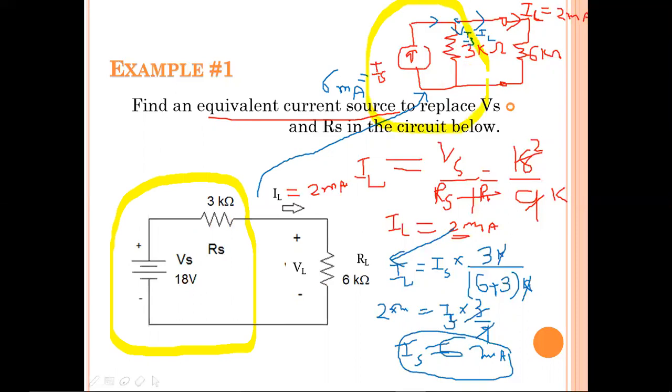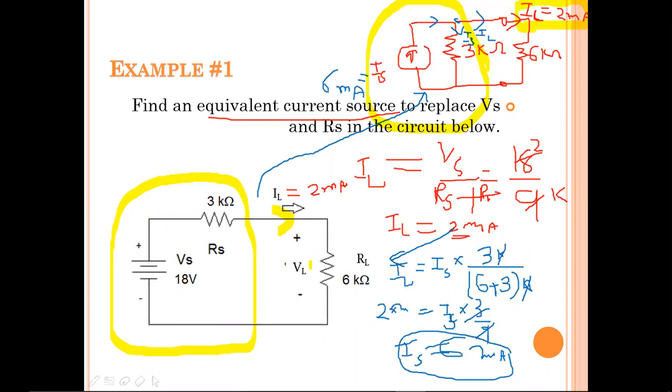That's it. Here my current should not change and the voltage should not change. The 2 milliamps traveling through the 6, the current flowing through this IL should not be changed. That's what I want to mention in this session.